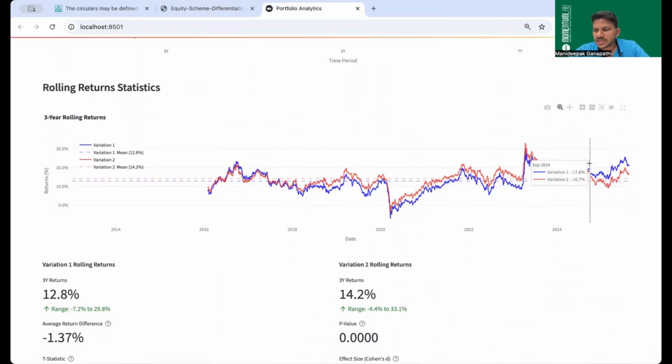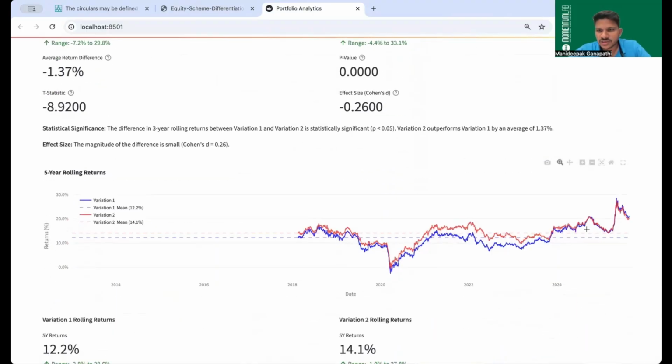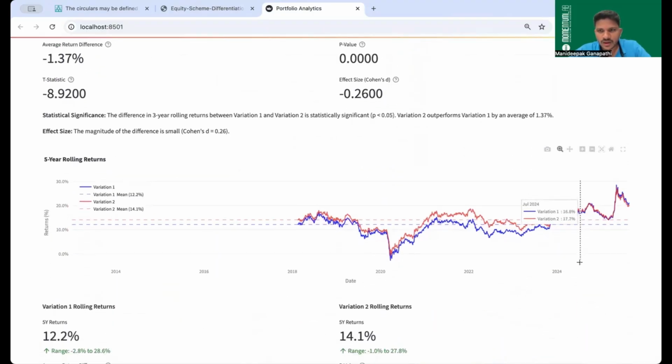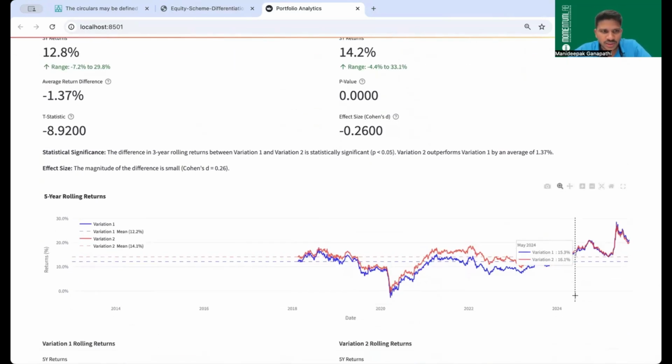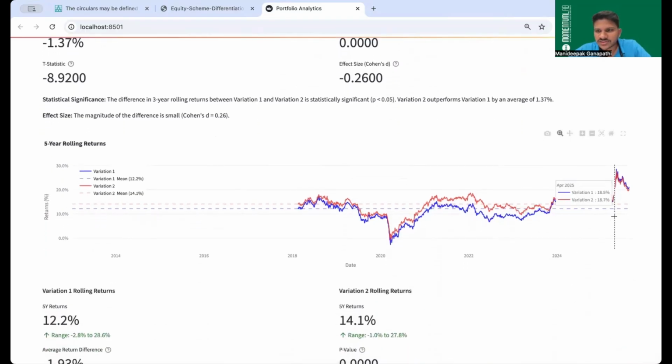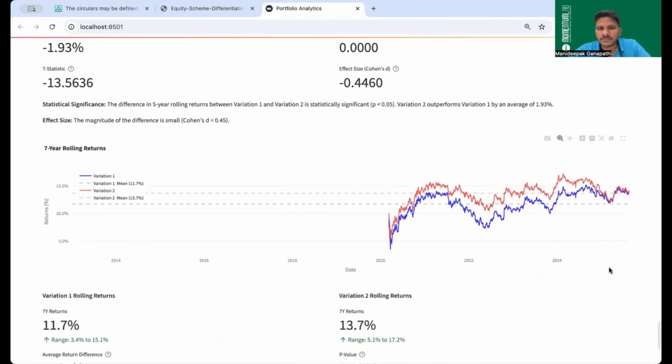Only recently it started doing better than the benchmark. I'm not sure if there is a change in fund manager at this point, but we're seeing that the fund is actually doing better now. Obviously, since we are seeing this performance only recently, on a 5-year time period, you will not see this difference. And on a 7-year rolling return also, you will not see that this fund is performing better than the benchmark.